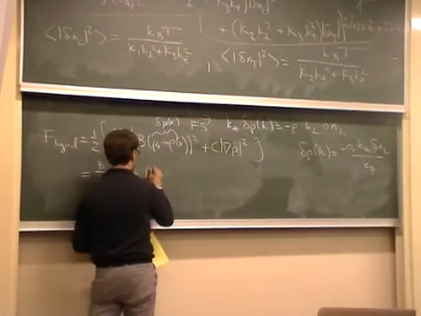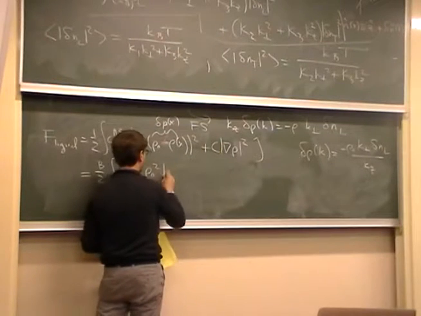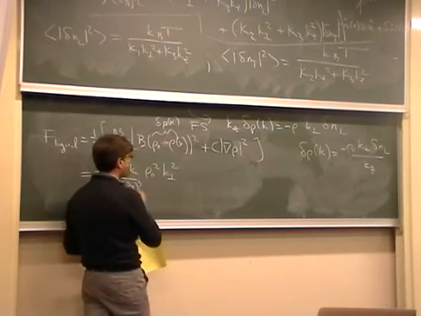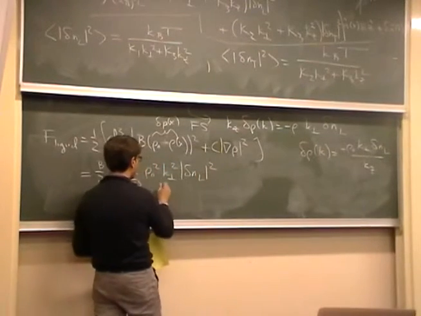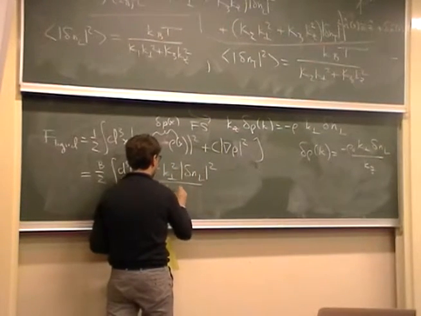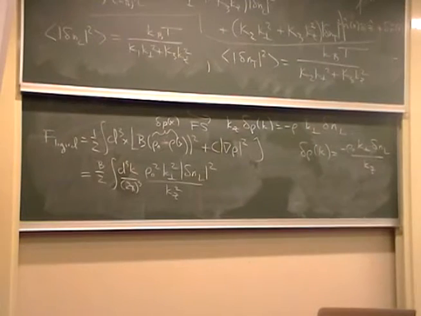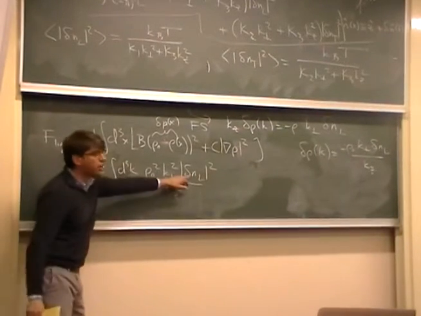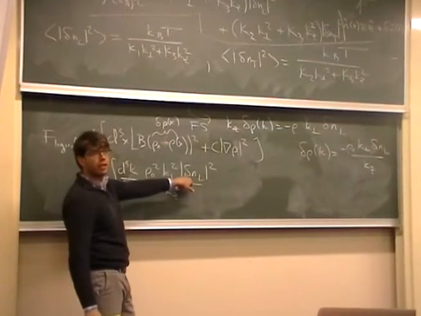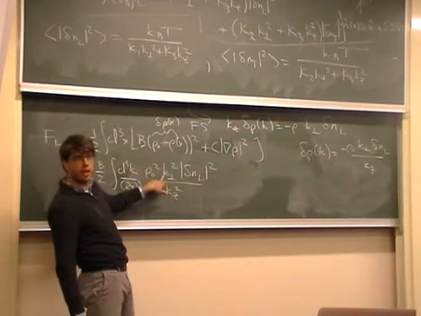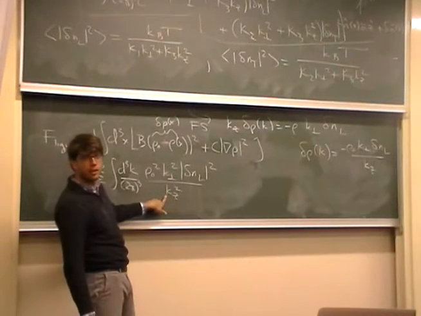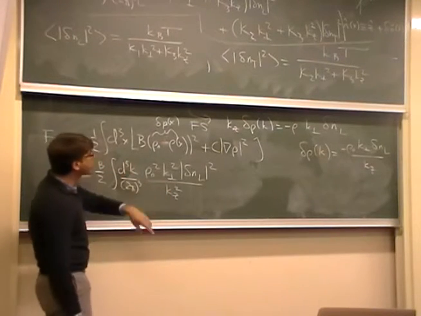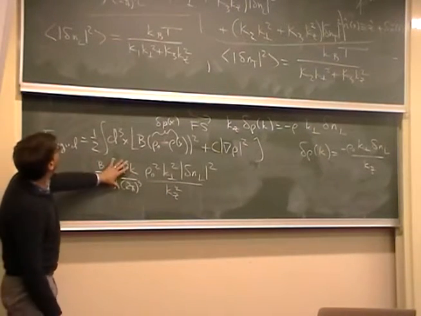I'm going to get some factor of rho squared, k perp squared, delta n squared over kz squared. So I get an extra term that couples to the longitudinal fluctuation. It also appears with a k perp squared in front of it, but it has this funny 1 over kz squared.